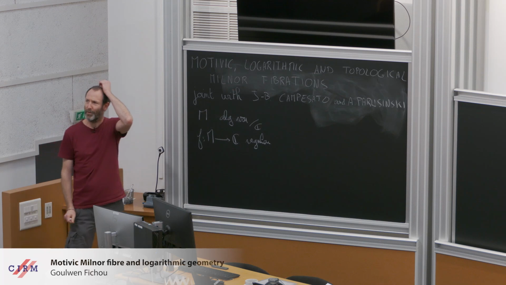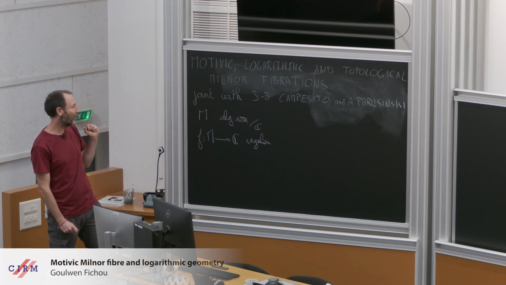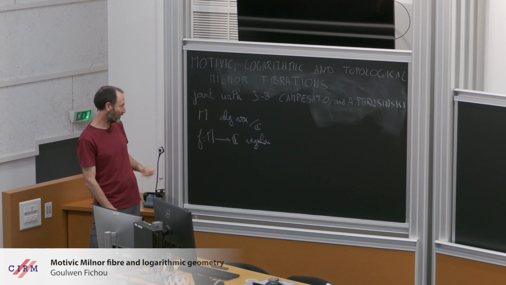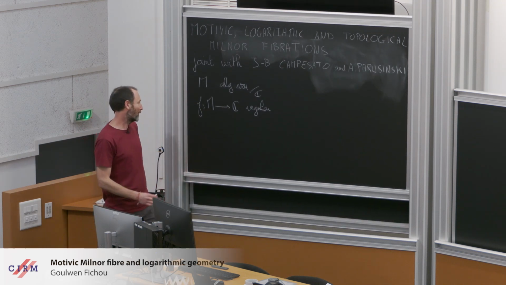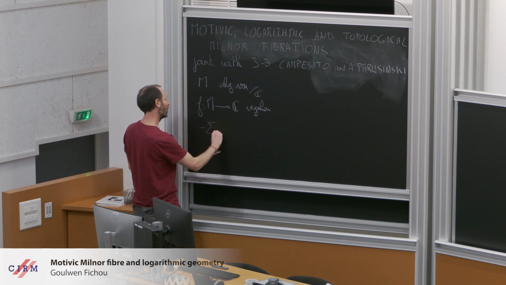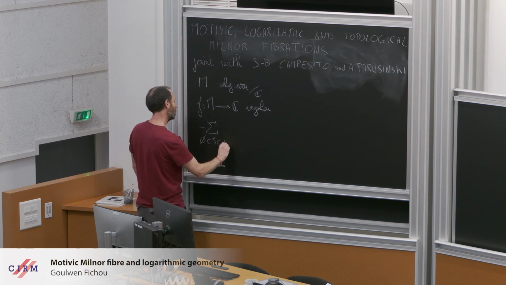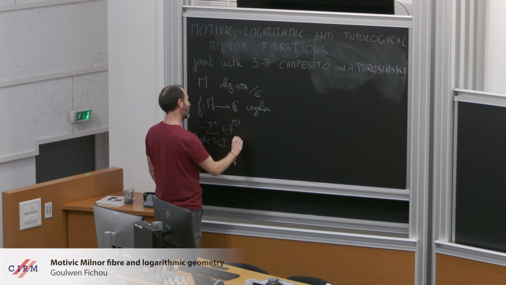Then Arthur defines the so-called motivic Milnor fiber associated to such a function. He produced some sum of classes in a Grothendieck ring of varieties.